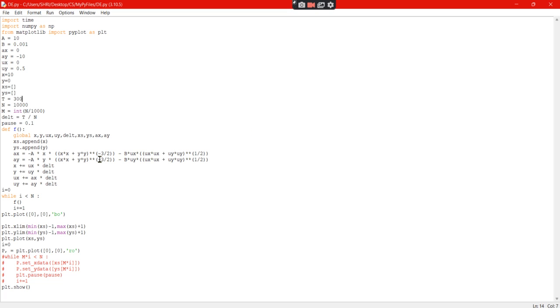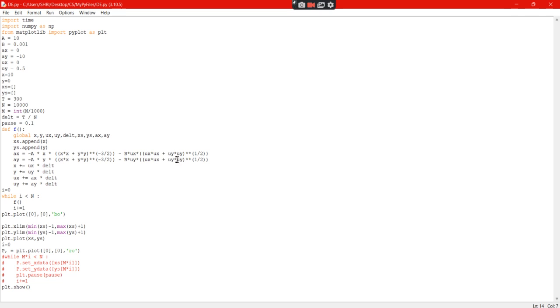It won't be the actual time, it's the time that would be if the motion was carried out in reality, which we cannot carry out because we don't have actual planets on our hand. And n is the number of divisions that we make in this time to get our delta t's. So delta t is basically t upon n.